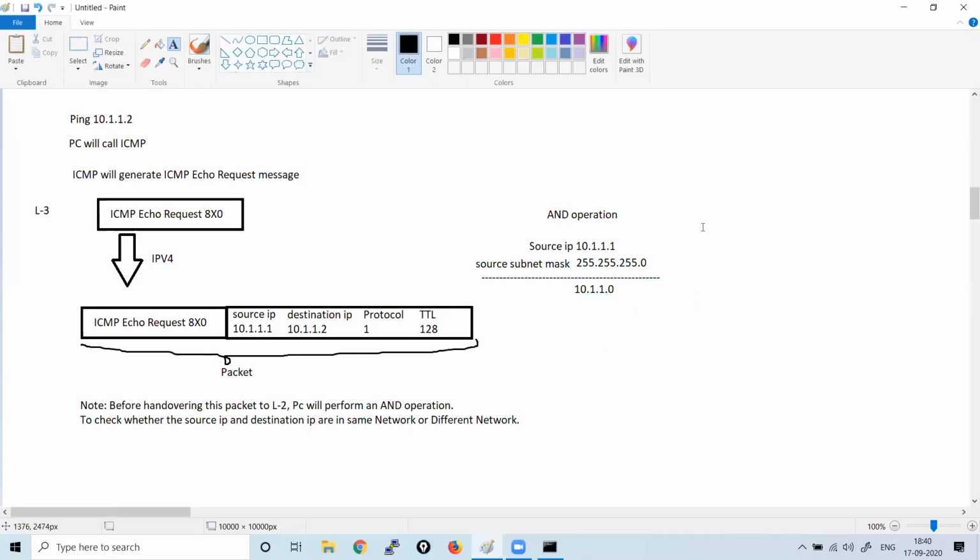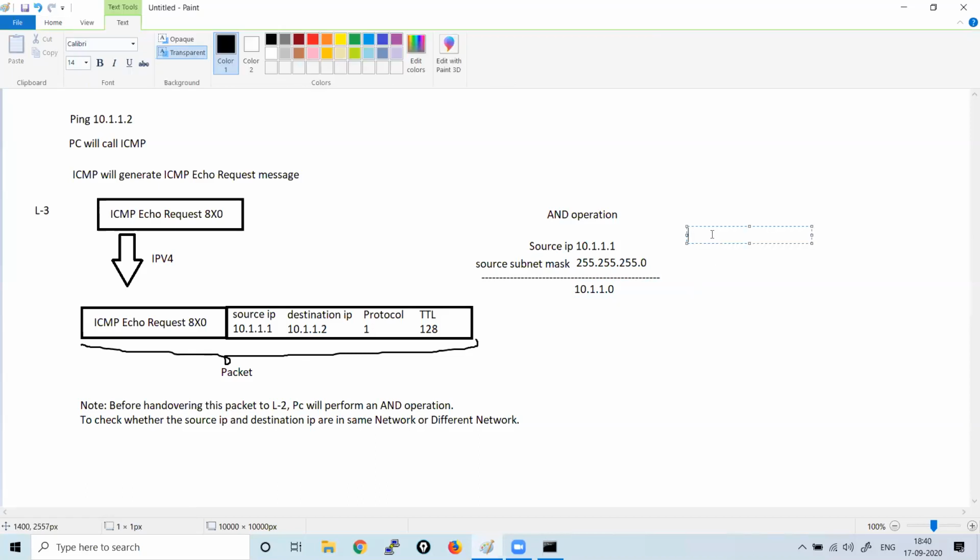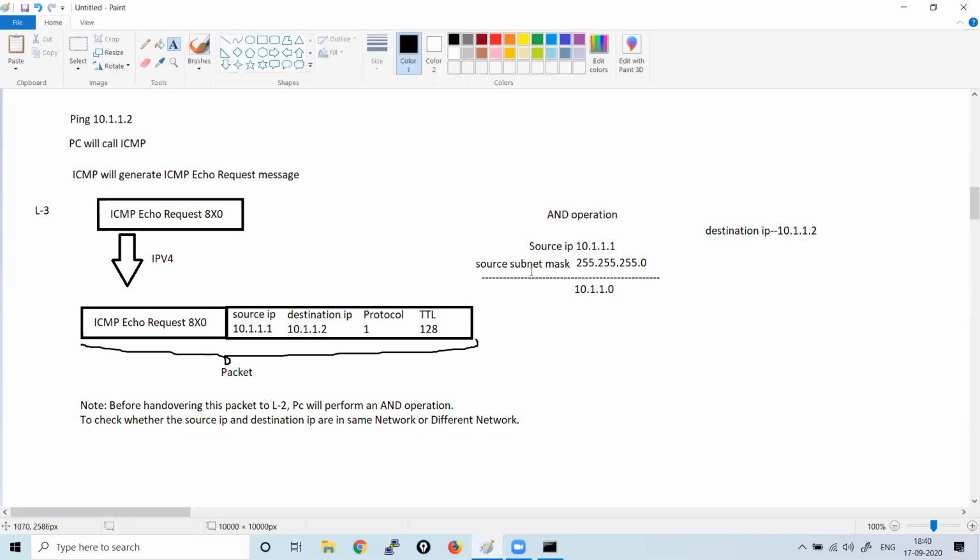Now in the same manner, what will he do with the destination? He'll take the destination IP 10.1.1.2, and he'll apply which subnet mask? The same source subnet mask, because he doesn't have any idea about the destination IP's subnet mask.